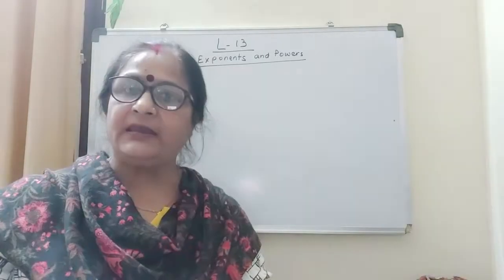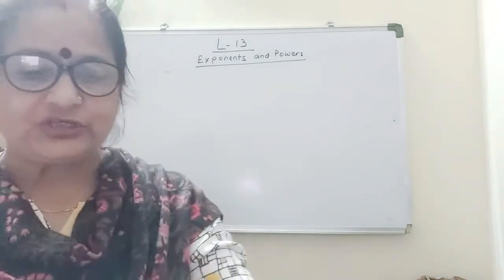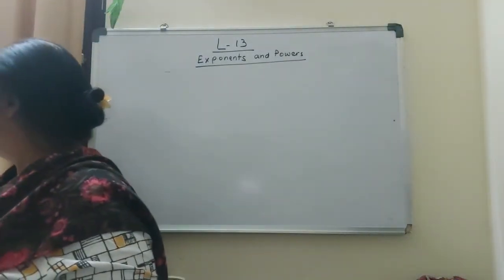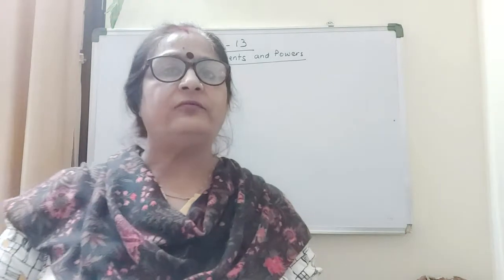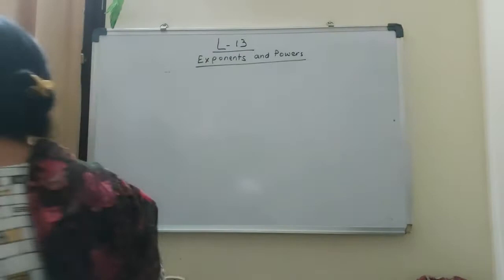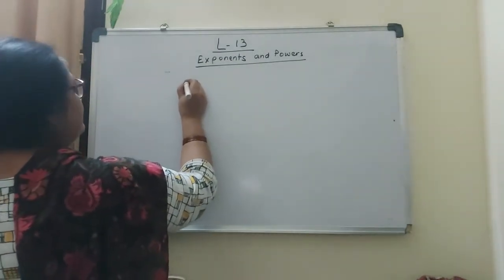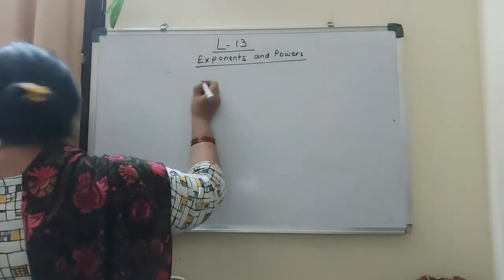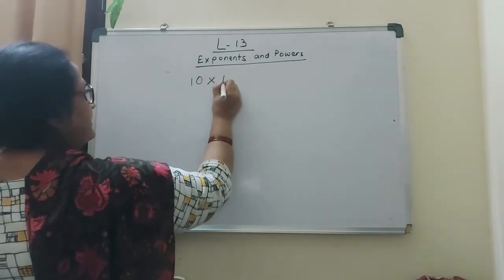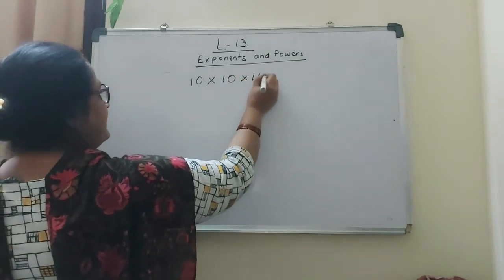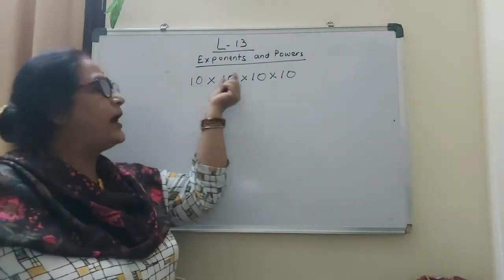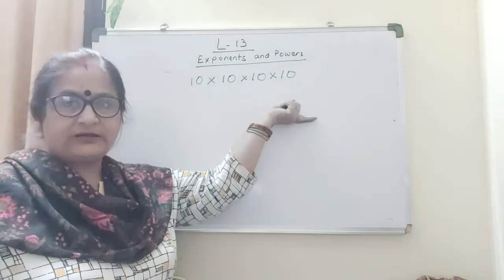Okay, now let us see. As I said, there are many situations in which we have to multiply the same numbers many a time, right? So we write them many times in the form of multiplications. For example, let's take 10 multiplied by 10 multiplied by 10 multiplied by 10. I'm multiplying one number many times here.